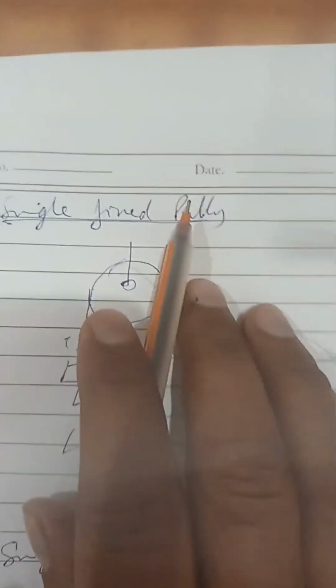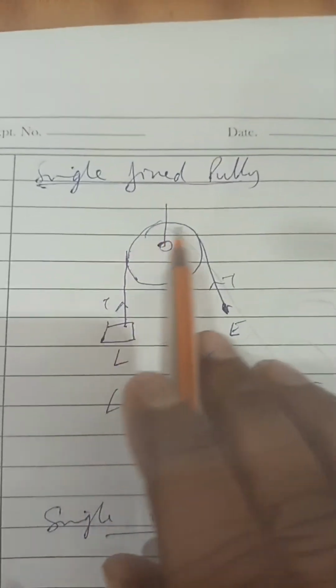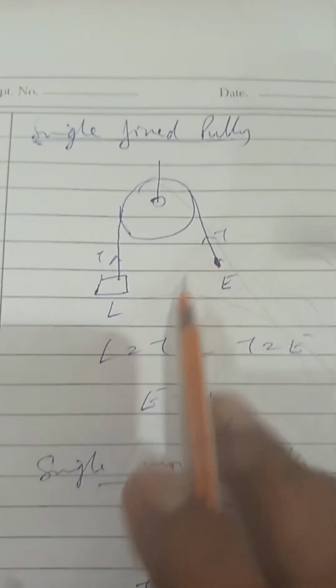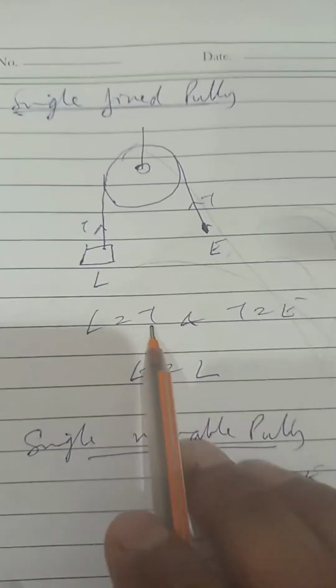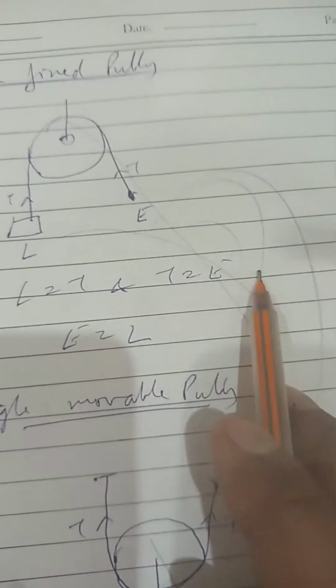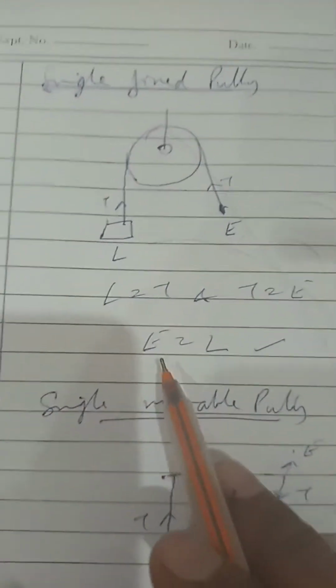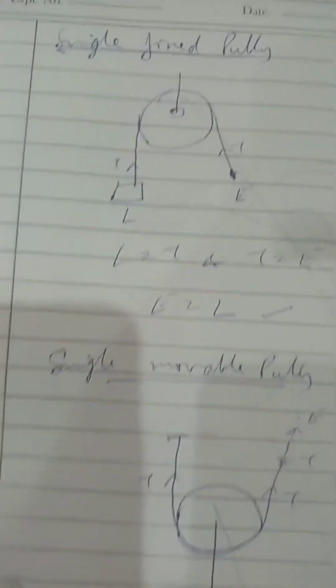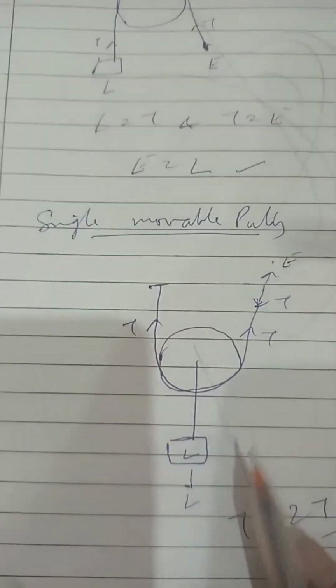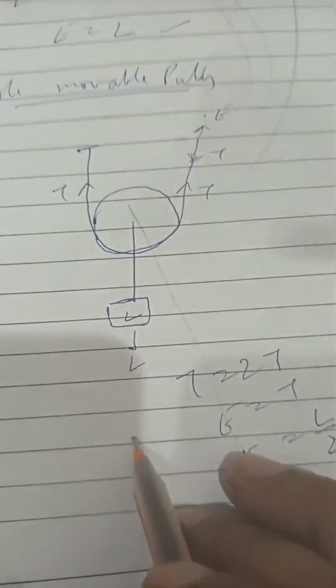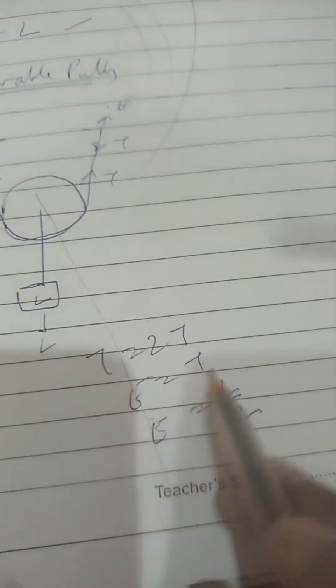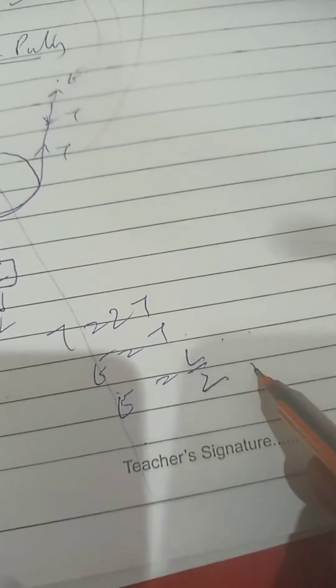Okay, so in single fixed pulley, this is the diagram of the single fixed pulley. Load L equals T equals E, so E equals L. In case of single fixed pulley, effort is equal to load, and in case of single movable pulley, L equals 2T, E equals T, so E equals L upon 2.